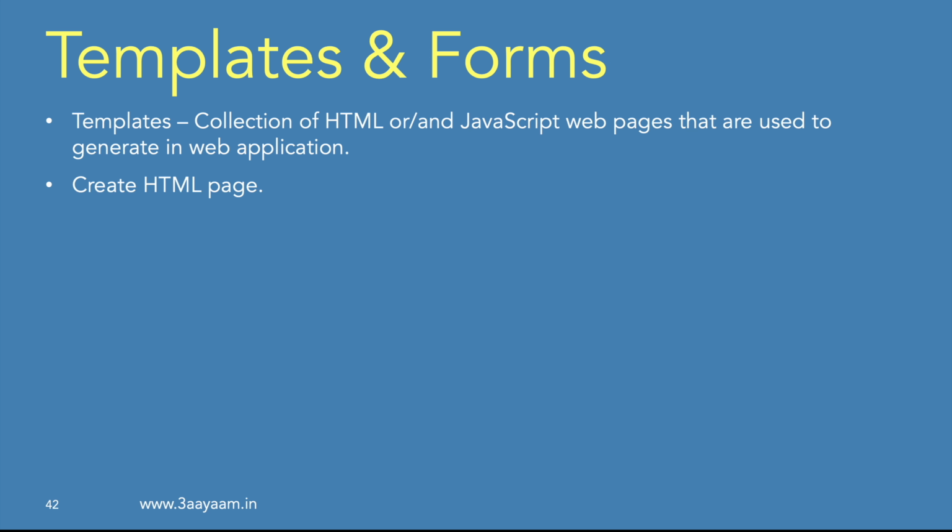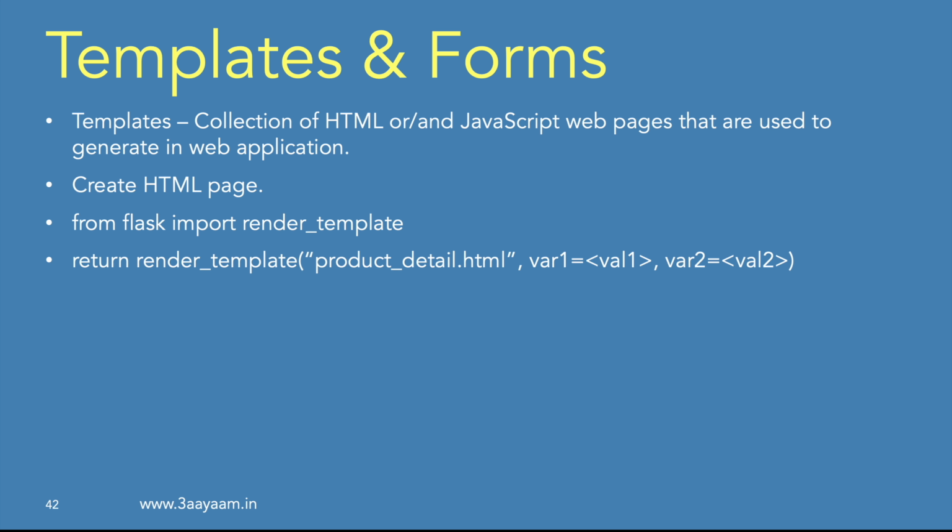First, we have to create an HTML page. After we create an HTML page, we import a class called render_template from the Flask module. After we import it, whenever we have to show the web page to the end user, we use return render_template followed by the HTML or JavaScript code that you have written, and along with it maybe some variables.